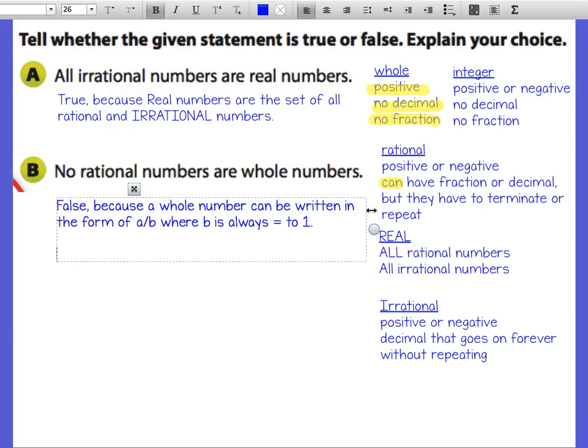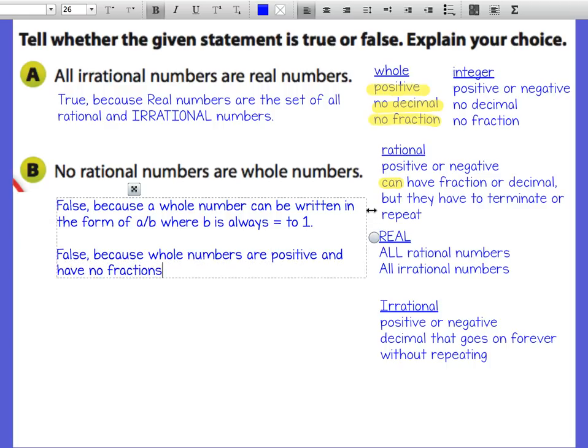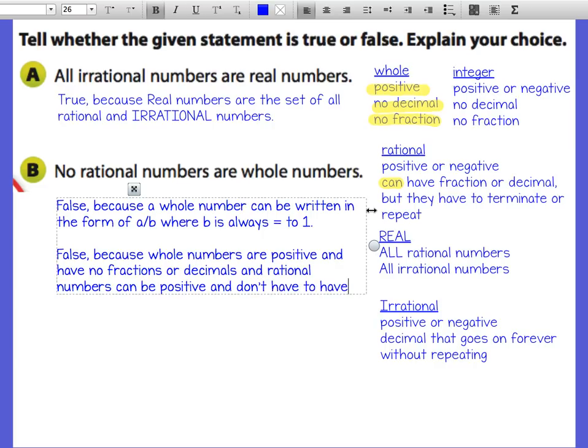In our terms, plain and simple, false, because whole numbers are positive and have no fractions or decimals, and rational numbers can be positive and don't have to have fractions or decimals.